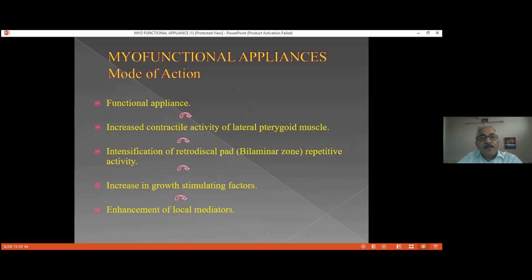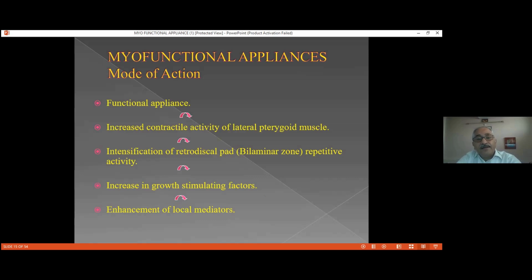The myofunctional appliances, the mode of action: the functional appliance increases the contractile activity of the lateral pterygoid muscle. When we protrude the lower jaw, there is an increase in the contractile activity of the lateral pterygoid muscle, and this leads to intensification of the retrodiscal pad.